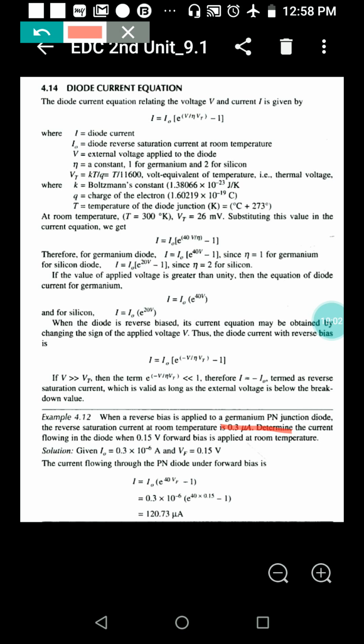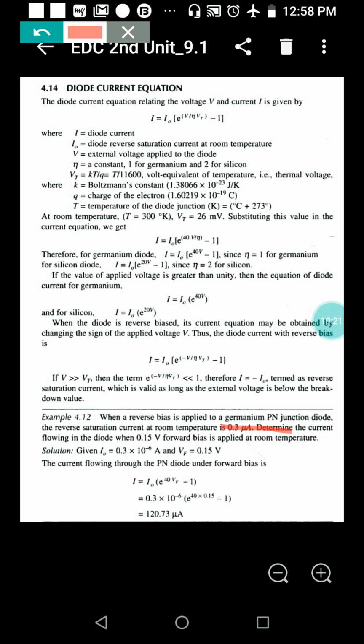What are the data? I naught is given, that is 0.3 microamperes. Vf is also given, that is 0.15. Simply substitute these values in the diode current equation, and we get the current flowing through the PN junction diode under forward bias.